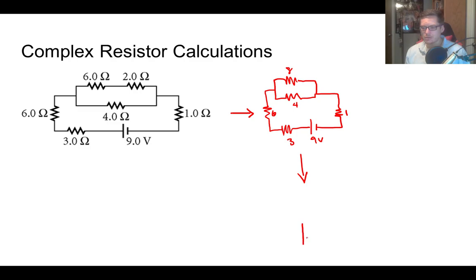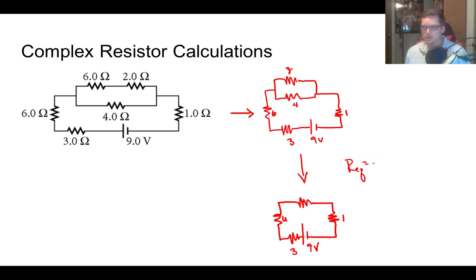And so we're going to redraw our circuit again. Now instead of these guys being parallel, they're just going to be one resistor that has the equivalent resistance here, and then here, like that. So this guy will still be 6 ohms, this guy will still be 1, this will still be 3, this will still be 9 volts, and this new equivalent here, this REQ value.